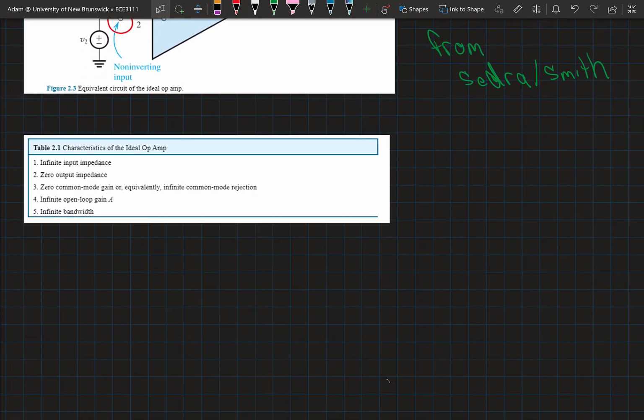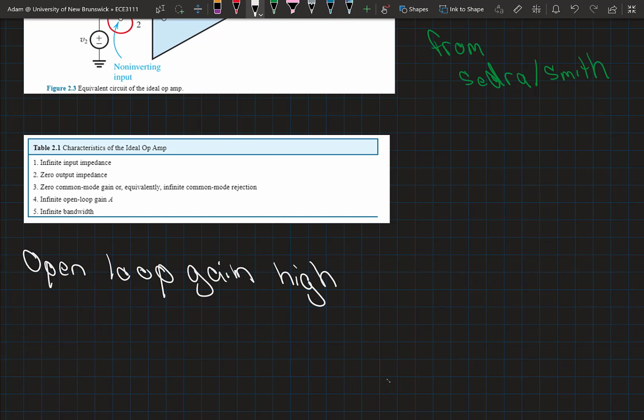Okay, so I ended the last class talking about the fact that our open loop gain is, well, again, we say it's ideally infinite. It's not infinite, of course. We said it is typically in the range of 100,000 to 1,000,000 volts per volt, and that value can be highly variable. Okay, so that's not ideal if we're trying to build a system that provides a fixed gain.